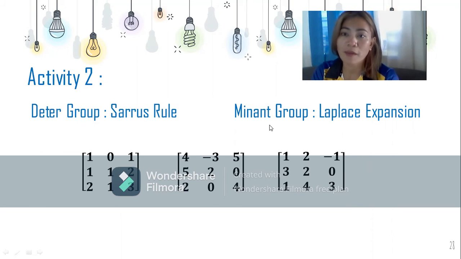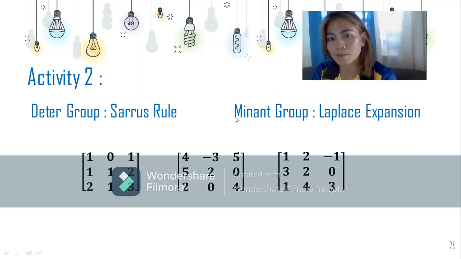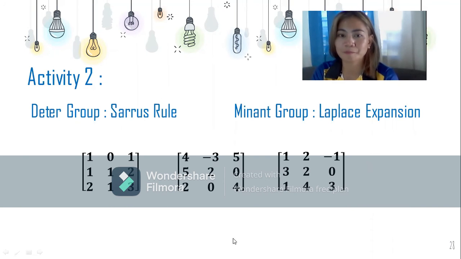You're going to compare your answers. So you're going to check your work. Each one of you is going to check your work. Number 1 in the Ditter group will be paired with number 1 in the Minant group, and so on. 2, 2, 3, 3, 4, up to 10.